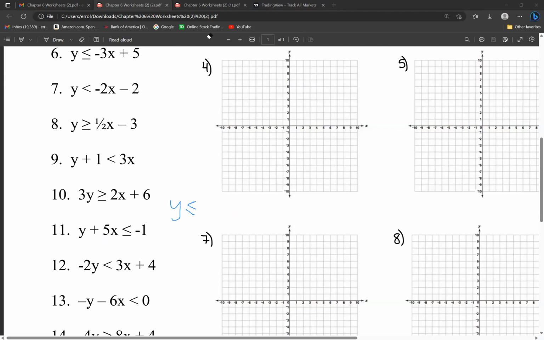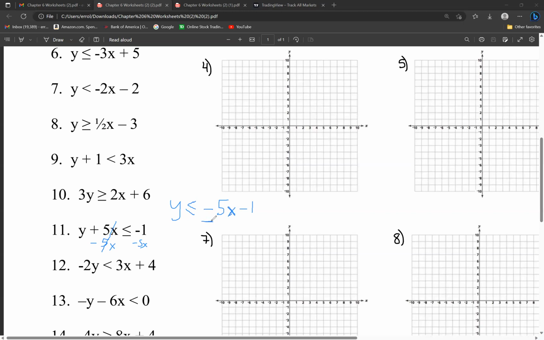Y is less than or equal to 5x negative 1. Okay. Would this be negative or positive? That would be positive. That'll be negative because you're subtracting 5x on both sides for that to cancel. Make sense? No. It'll be minus 5x minus 1.